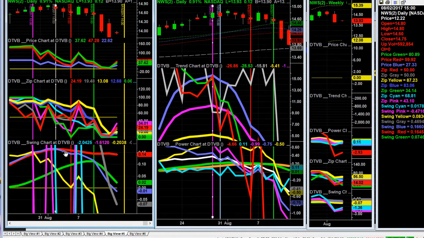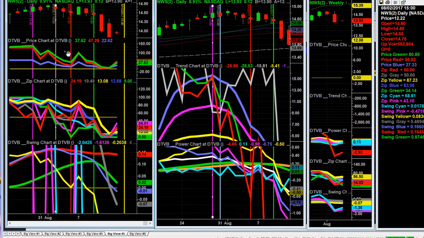Those lines are, or at least the blue line is, much slower. It's in that category with red and green, swing red and green. And so we look at the swing blue more as an identification situation.